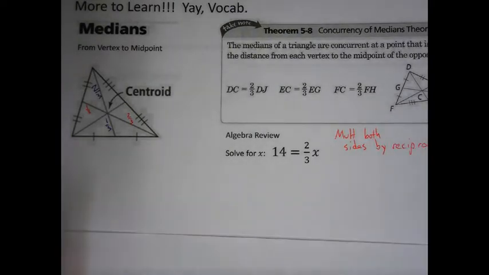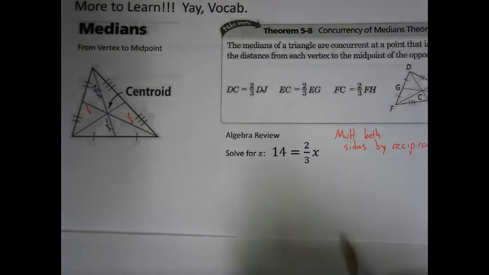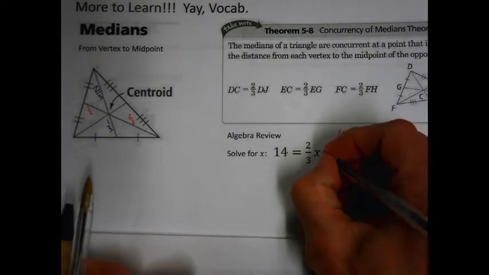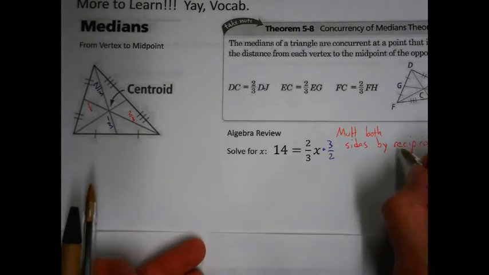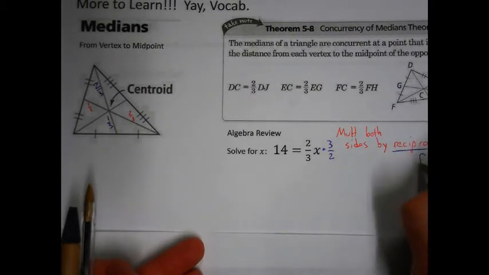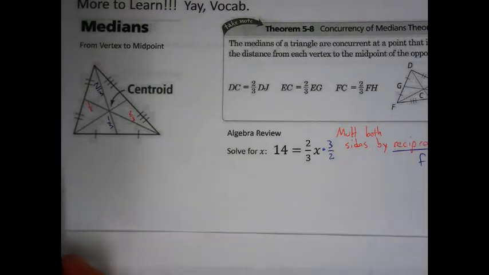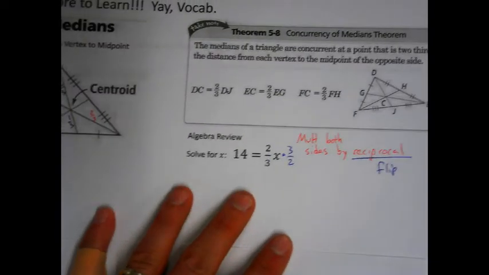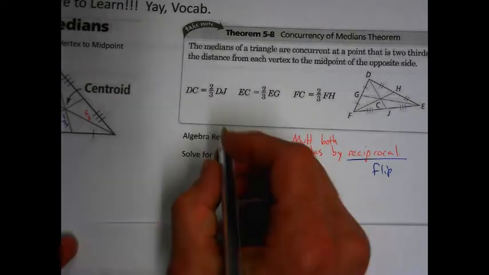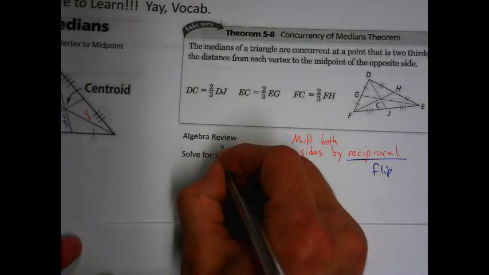So what's going on with the x? It's being multiplied by 2/3, so we can multiply both sides by the reciprocal, 3/2. You have to remember what reciprocal means: a little flip action going on there. We multiply both sides by the reciprocal, and that's how we undo that.